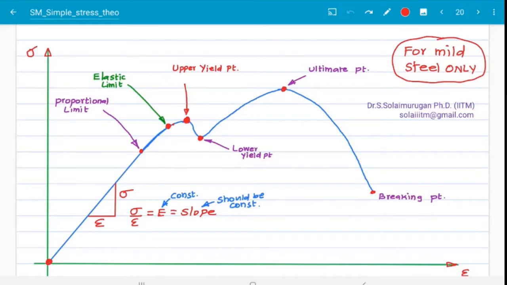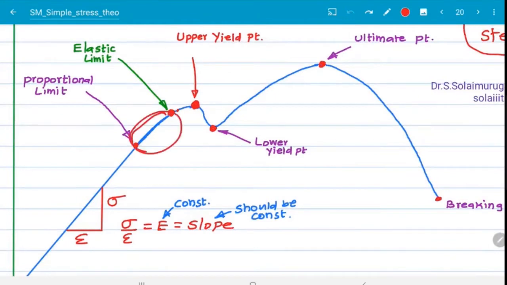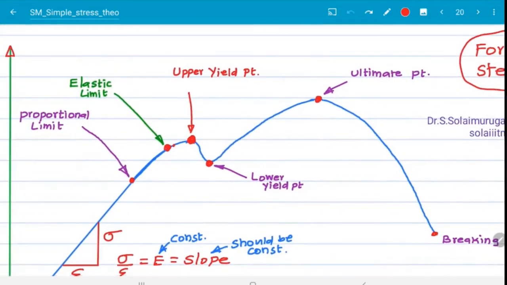But experimentally, we can load up to elastic limit. Reason is, even if you load up to elastic limit practically, while unloading, it will regain the original shape. But the portion between proportional limit and elastic limit is non-linear. Again, we are continuing the loading, so we are reaching the upper yield point.